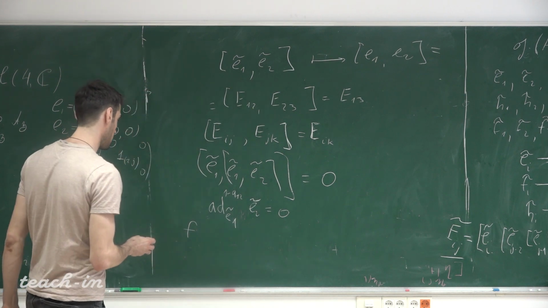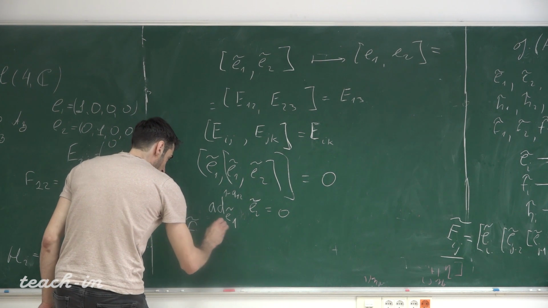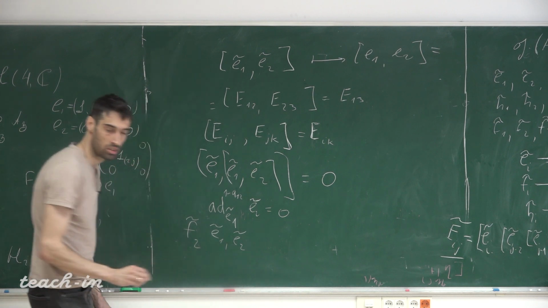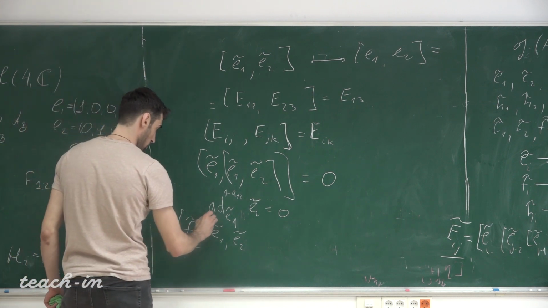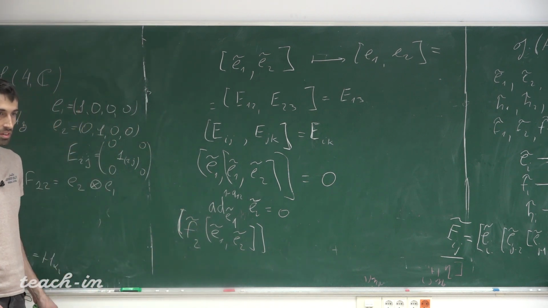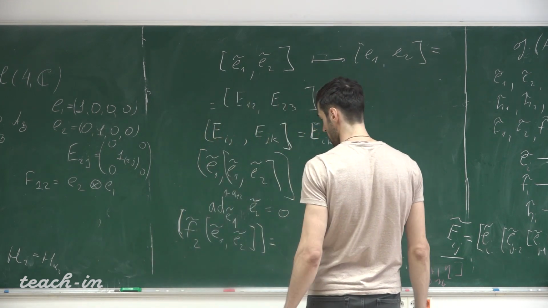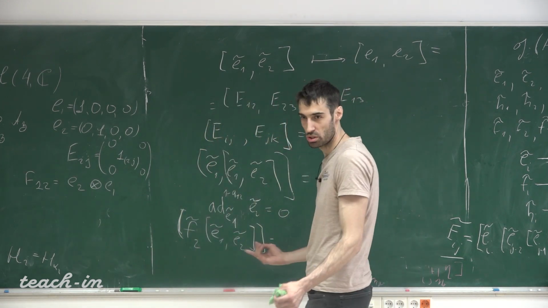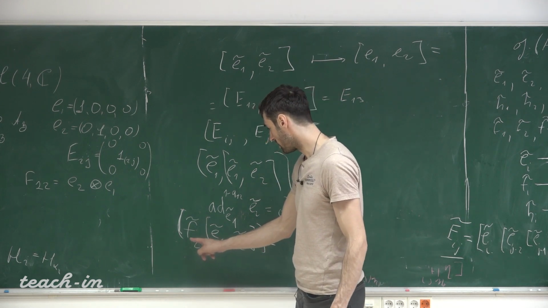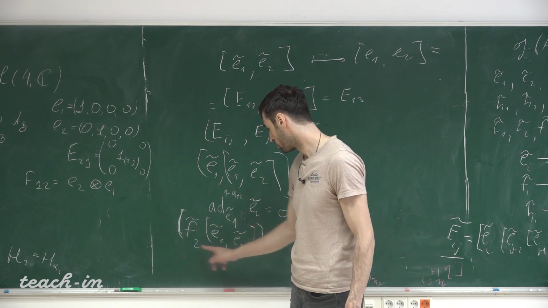So for example, E1, E2, and then F2. Why can't I have something like this? But then I use the Leibniz rule, if you wish. So this is the commutator of F2 and E1, and the commutator of F2 and E2.